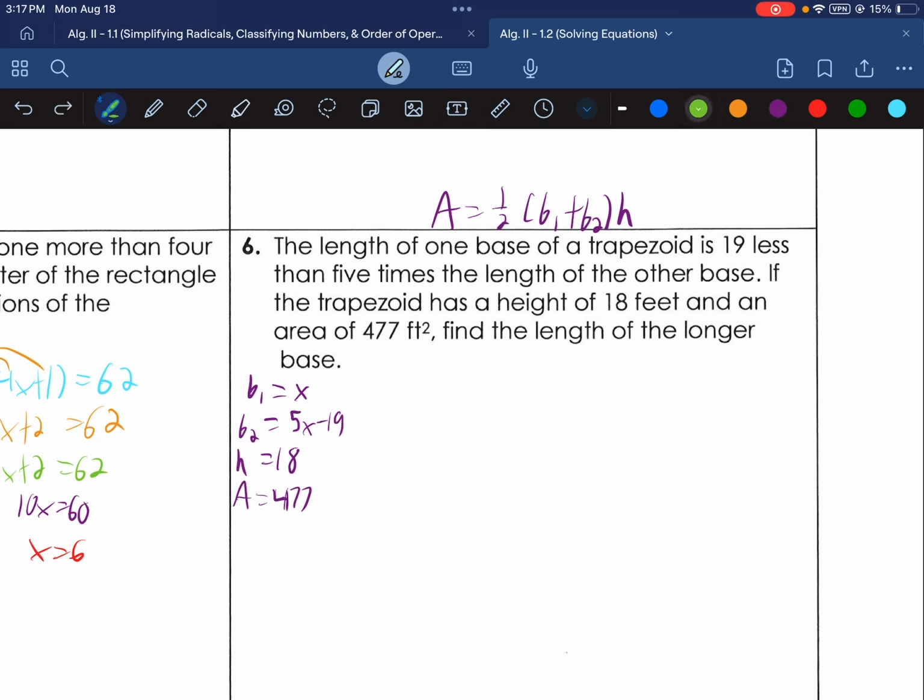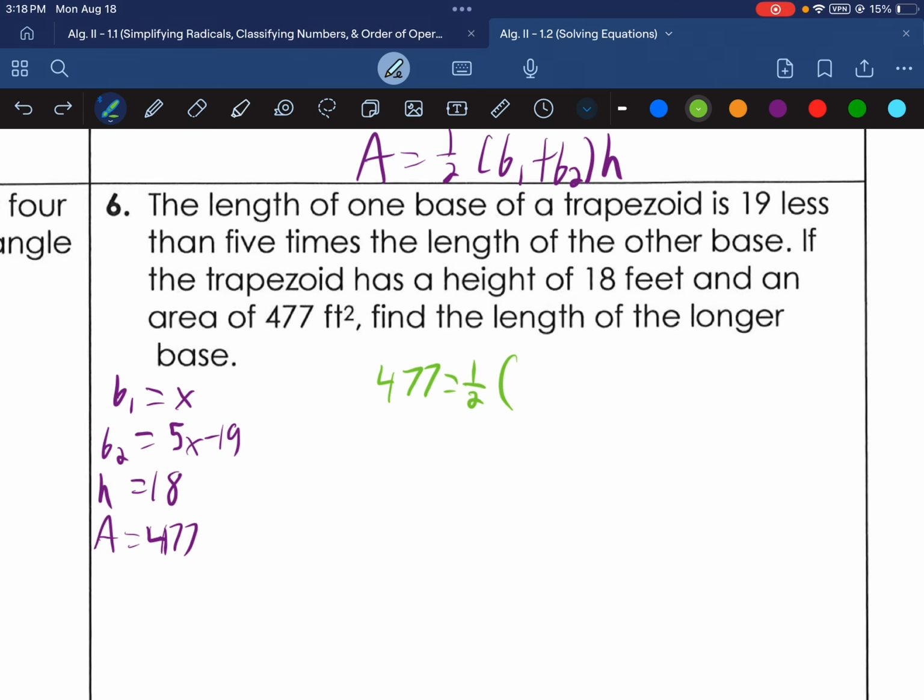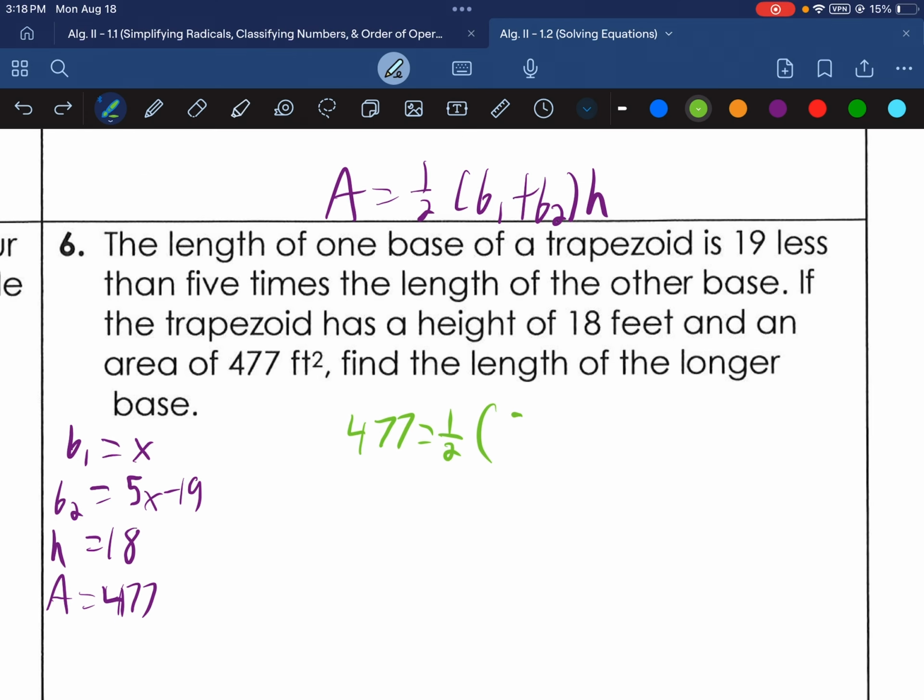So now our job is to plug each of these things into the formula. So 477 equals 1/2 times, I'm going to need a bigger parenthesis than that, x plus 5x minus 19 times 18.